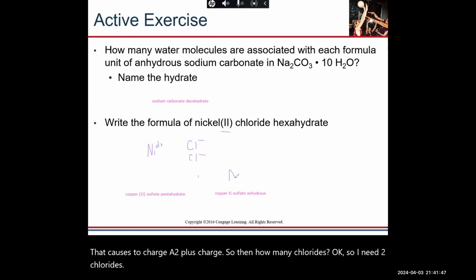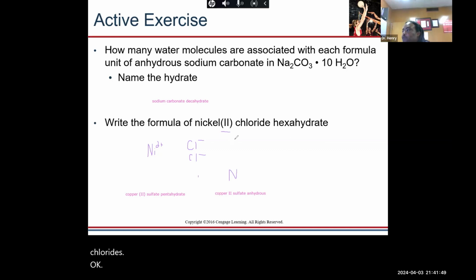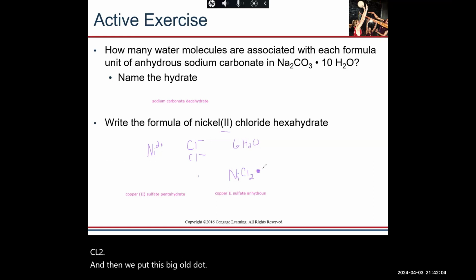And then we do the waters, and I need 6 waters. Okay, so let's put that all together. So we have nickel, F2, and then we put this big old dot, 6H2O. There we go.